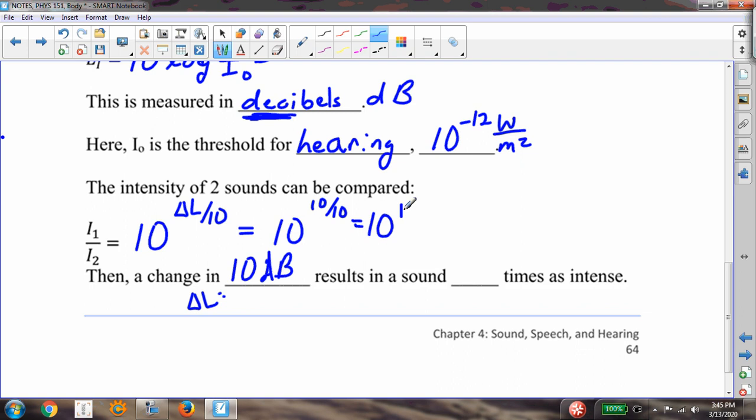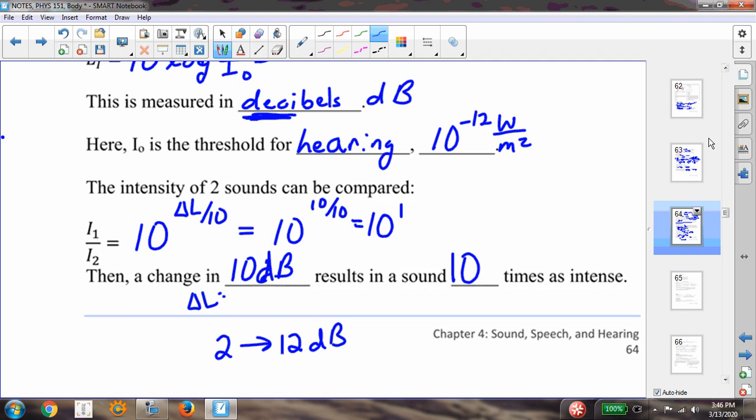So a change of 10 decibels, say going from 2 to 12 decibels, results in a sound that is 10 times as intense. Not like adding 10, but multiplying times 10. Let me show you what I mean on the next page.